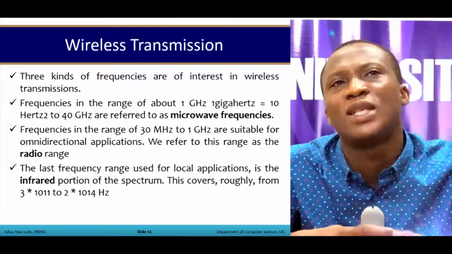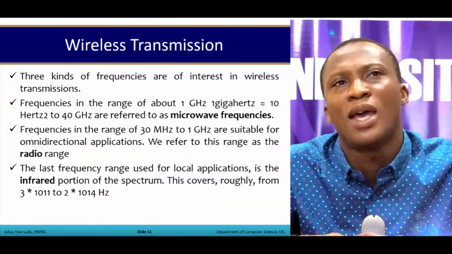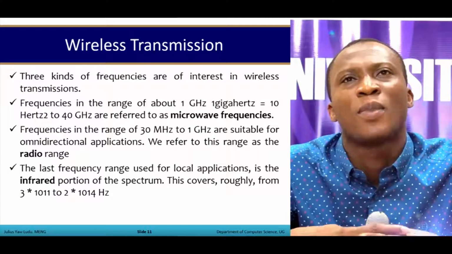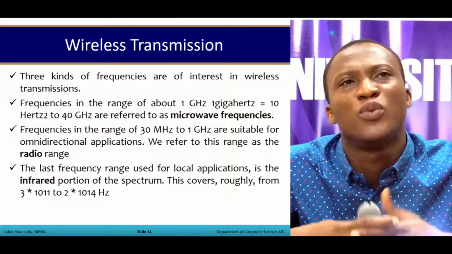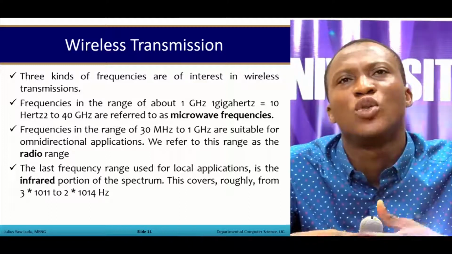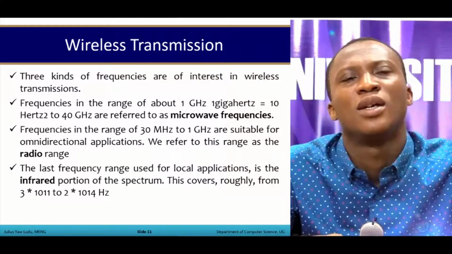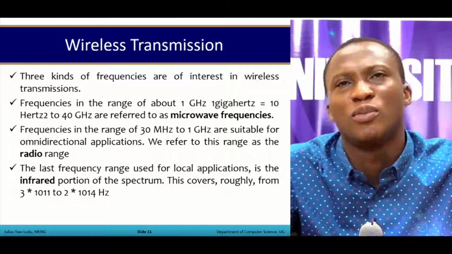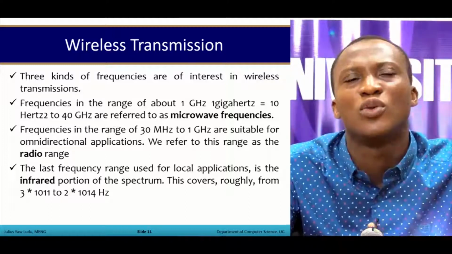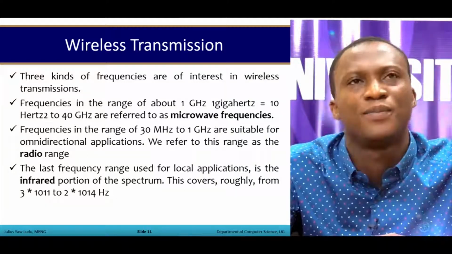Then we have frequencies in the range of 30 megahertz to 1 gigahertz, which are suitable for omnidirectional applications and are referred to as the radio range. Then we have the last frequency range, which is used for local applications and is known as the infrared portion of the spectrum. This covers roughly from 3 times 10 to the power 11 to 2 times 10 to the power 14 hertz.